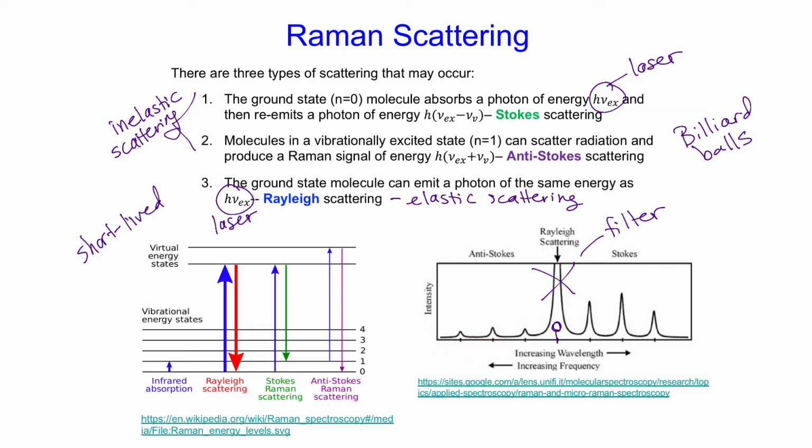So you're not really getting any extra information by including the anti-Stokes in terms of your chemical shift. You can do some additional work looking at the relative ratios of those peaks. We're not going to do that in our experiment, but again, you would just use a different type of spectrometer, a different type of detector if you are in need of that information.